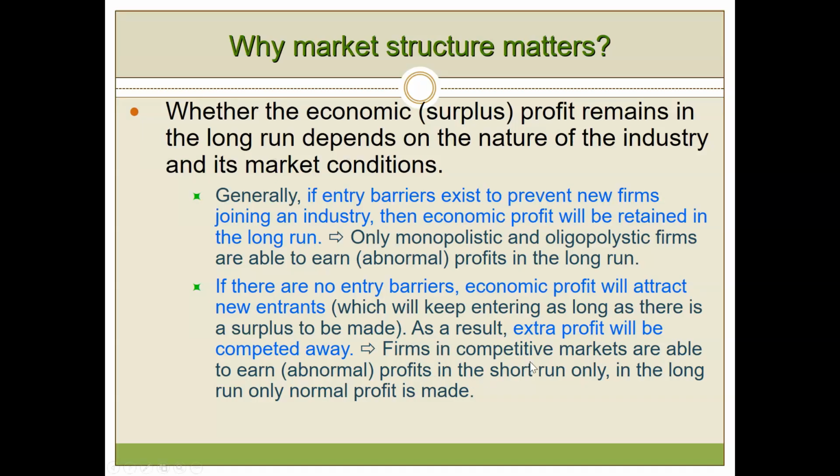Firms in competitive markets are only able to earn abnormal profit in the short run. Unfortunately, if competition is strong, you won't be able to keep this profit in the long run, and you will need to try and create some entry barriers to prevent other firms from copying your product and taking away some of your market share and some of your profit.